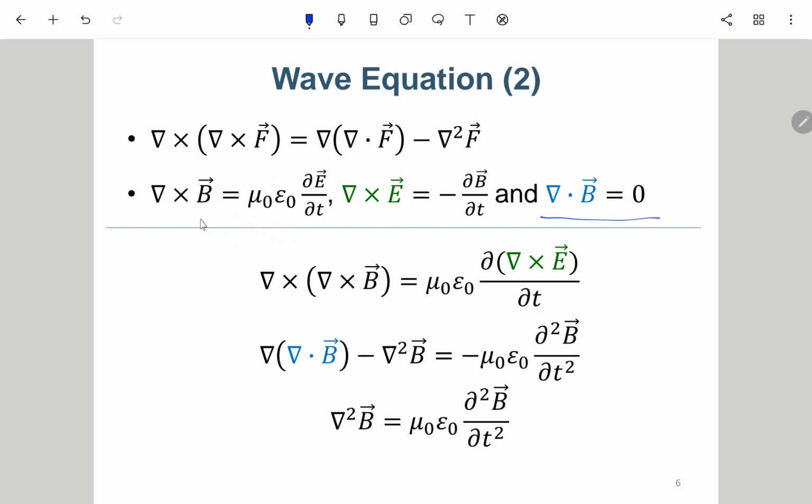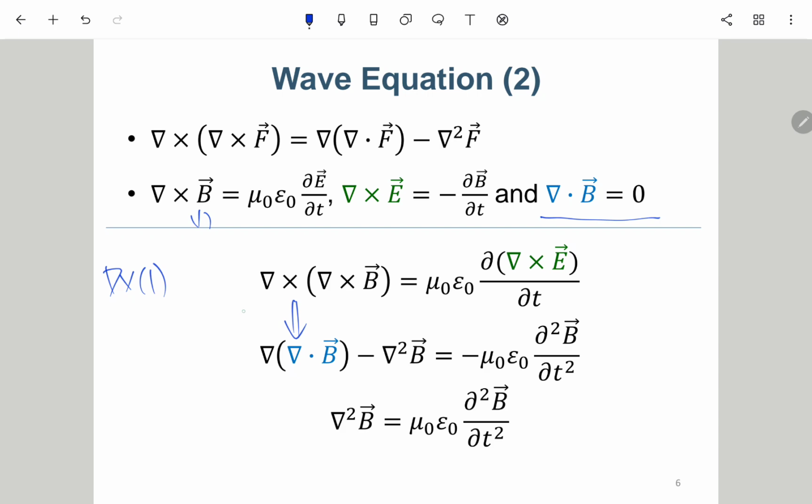In this case, we take the curl of equation 1. We get the curl of B, and then take the curl again. It becomes like this, and then we take the curl here and put it inside the partial derivative. So it becomes mu naught epsilon naught, partial t, and the curl of E goes here.